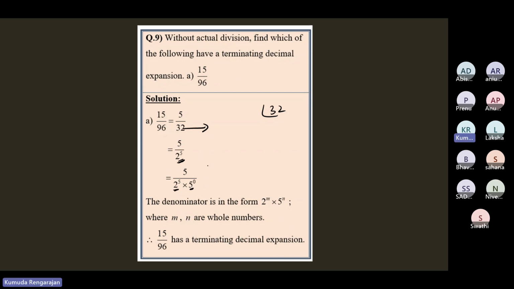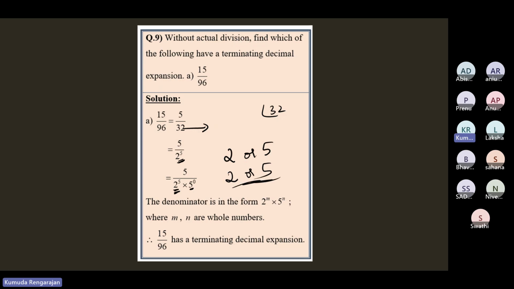So you see that the denominator has only 2 as a prime factor. What is the rule? The denominator should have either 2 or 5 or both 2 and 5 as primes.